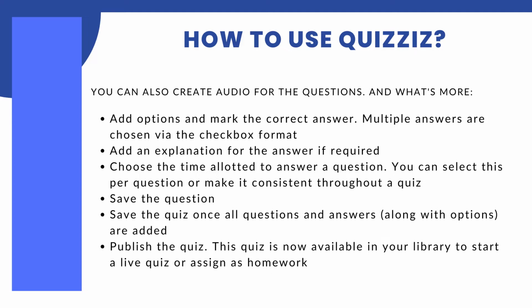Okay, so as the content creators of these quizzes, we can set the time per question or make it consistent throughout a quiz. For example, if I make this set of quiz, I want each question to be allocated 5 seconds.